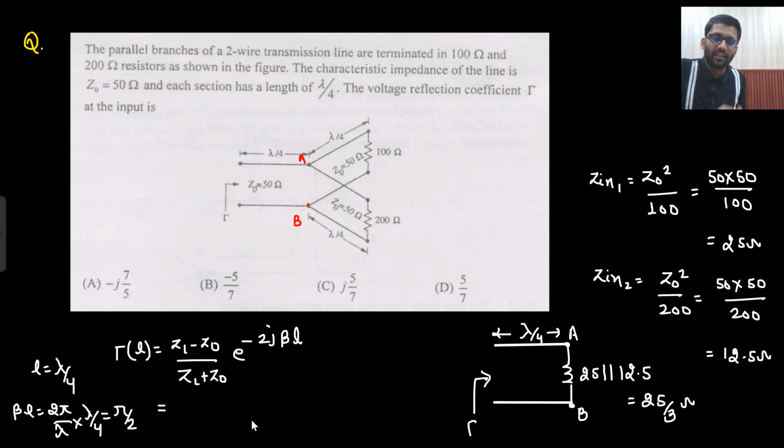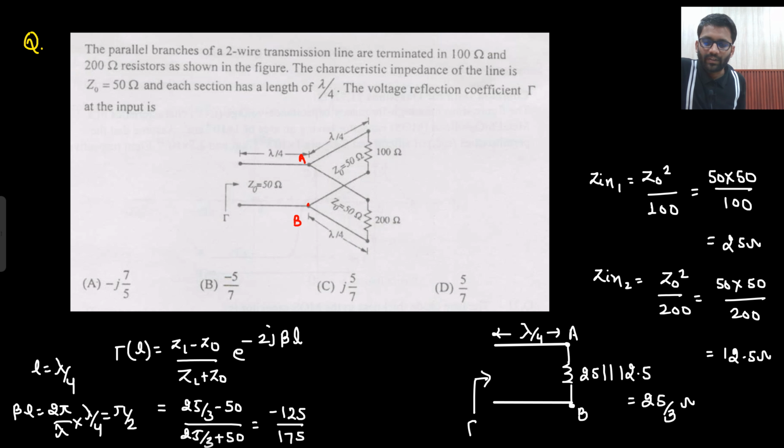And what is ZL? ZL is 25 by 3. So 25 by 3 minus Z0, 50 divided by 25 by 3 plus 50. So what are you getting? Minus 125 divided by 175.